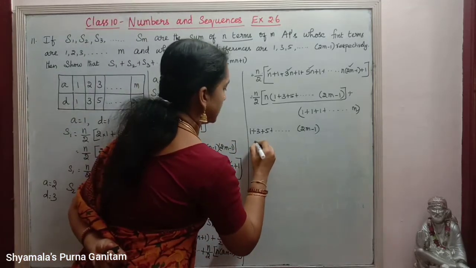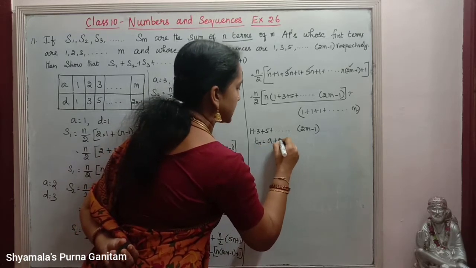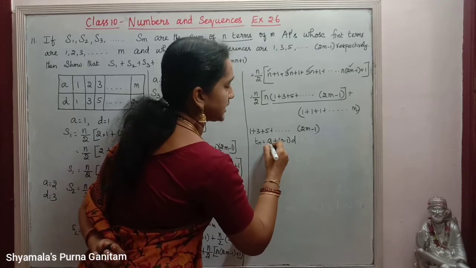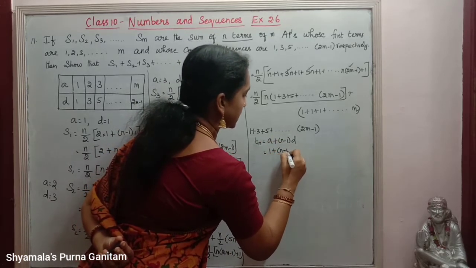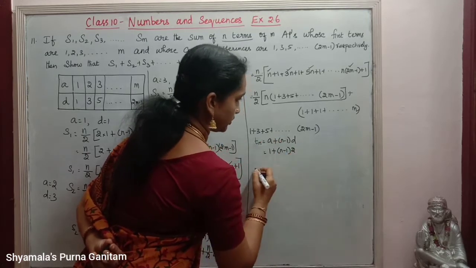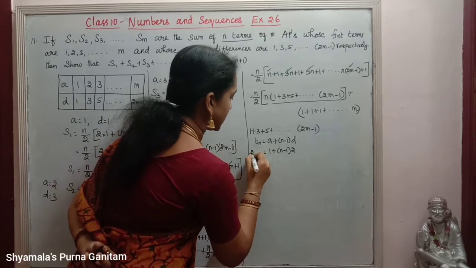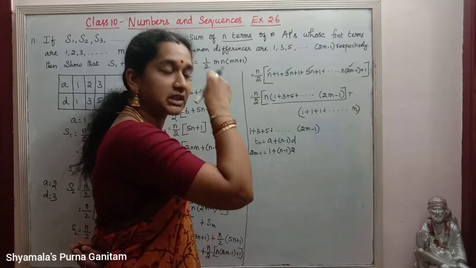Here, Tn is equal to a plus n minus 1 into d. So a, the first term, is 1, plus n minus 1 into the common difference, which is 2. Here the last term is 2m minus 1, and we are finding which term that is.